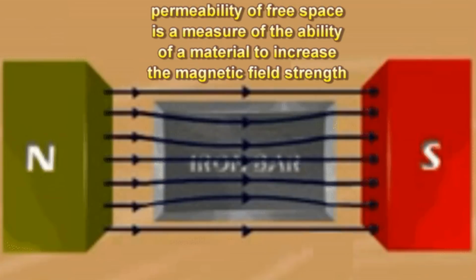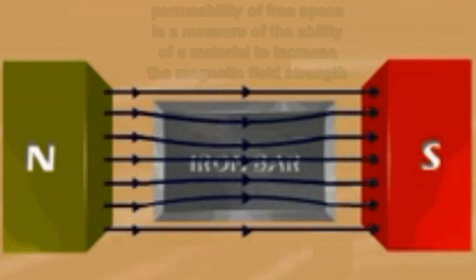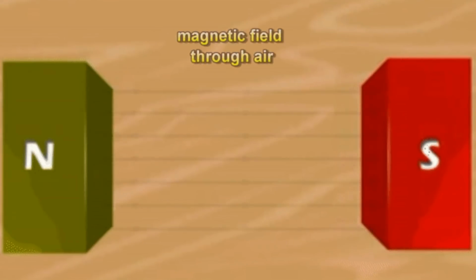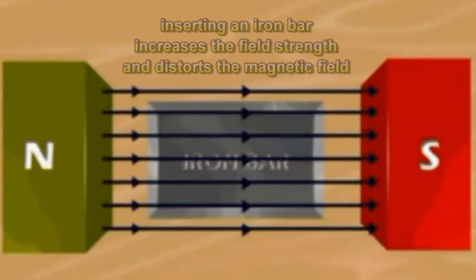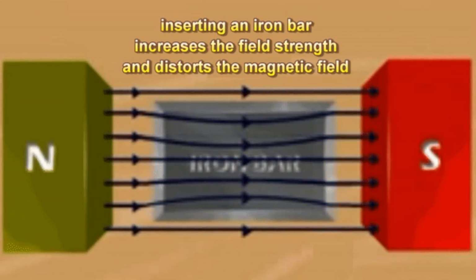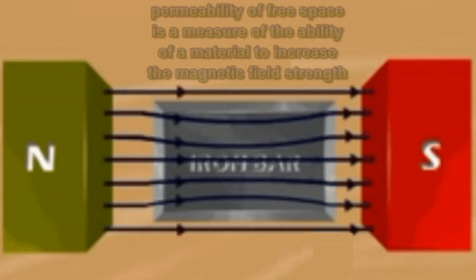Permeability, you have two magnets, and you put, for example, an iron bar, you can put copper, you can put different metals in there, and it'll increase the permeability. In other words, it'll increase the magnetic force. And so they said, well, what happens when you don't put anything?